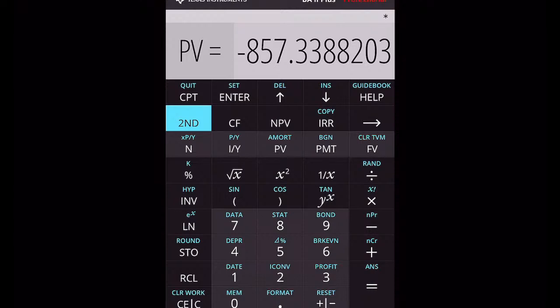It's a negative because, well, let's talk about that actually. Why is it negative? It's negative because that's the way the calculator demonstrates answers to you.